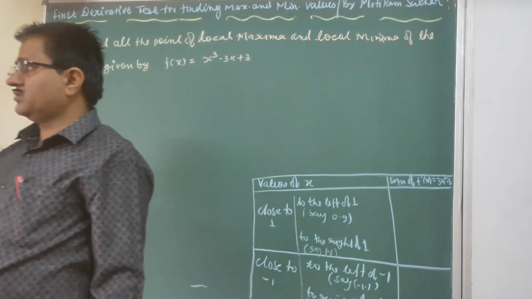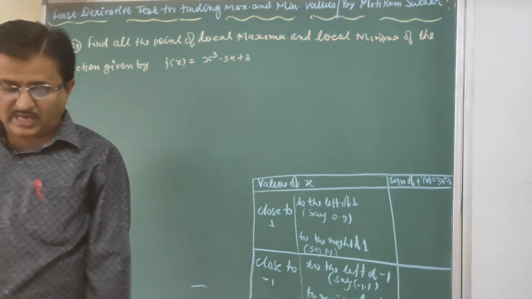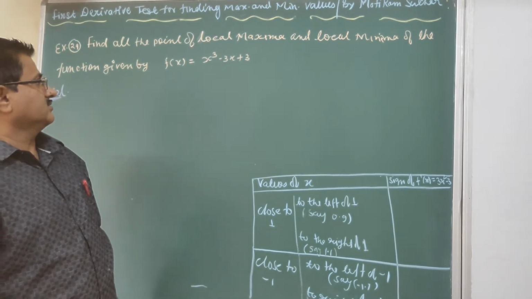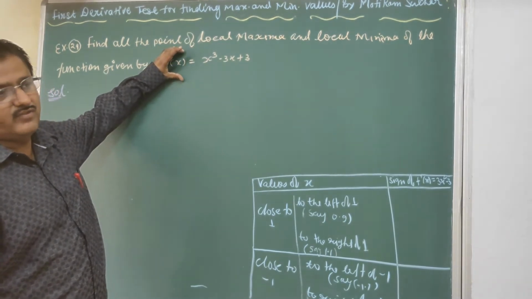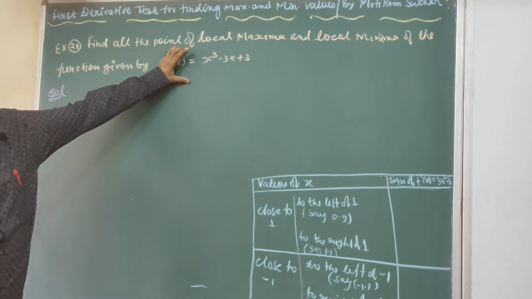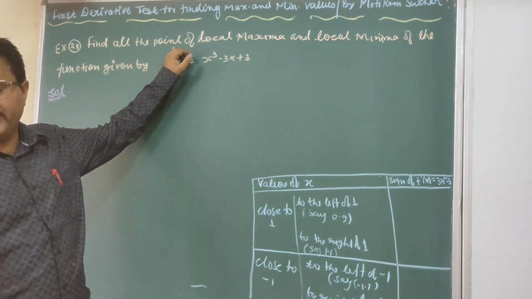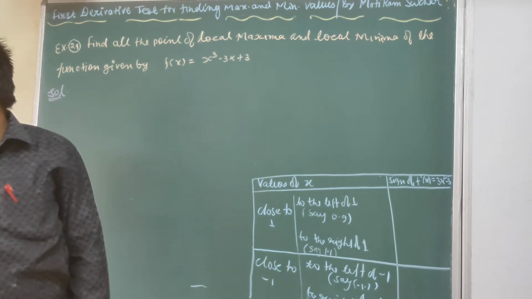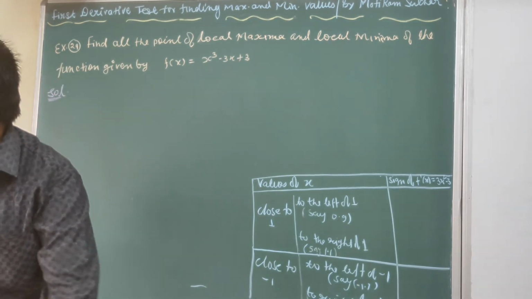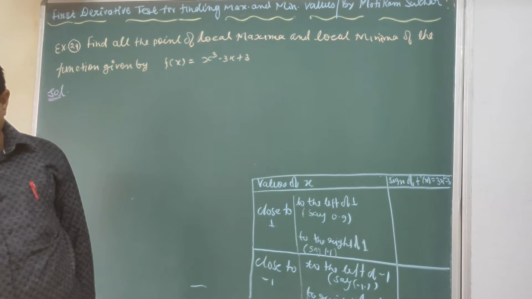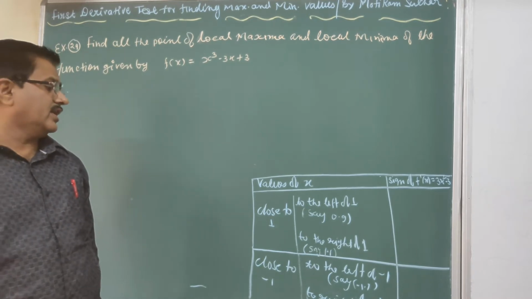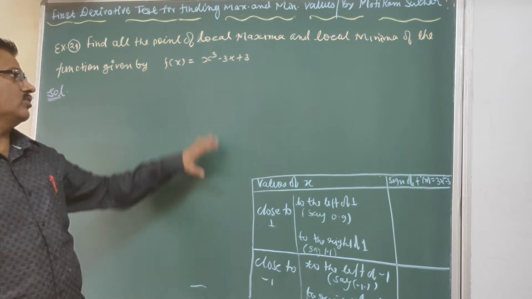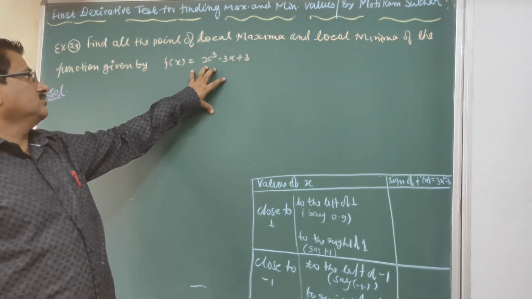First derivative test we have discussed in the previous class. If the sign of f dash x, the derivative of any function, changes from positive to negative as x is increasing, then the function has a local maximum value, and the point is called the local maxima point.